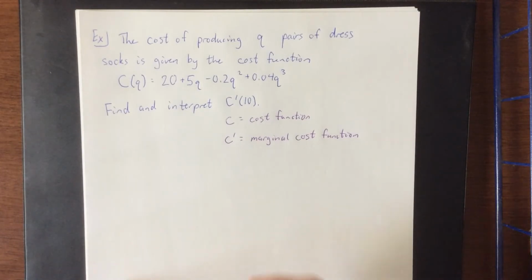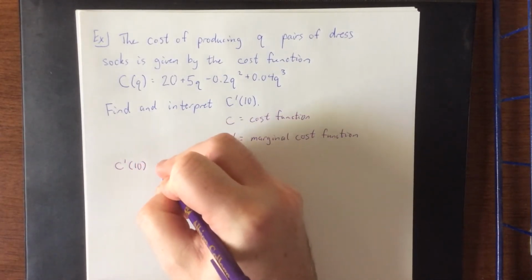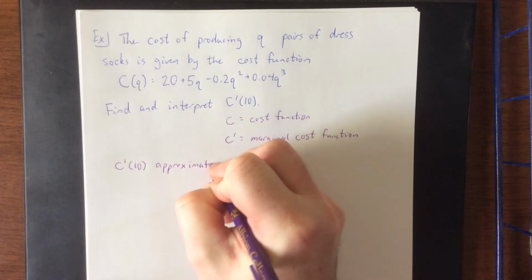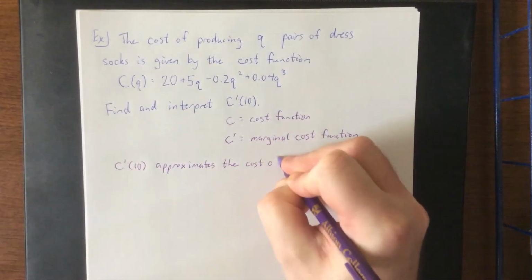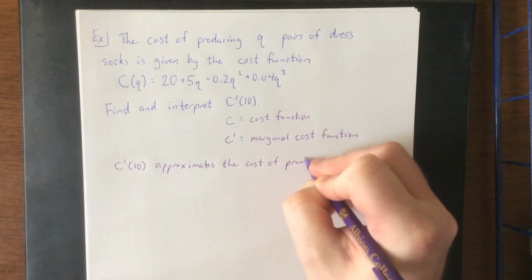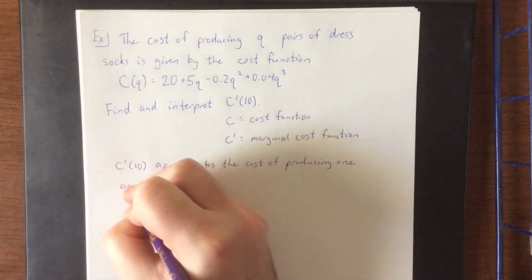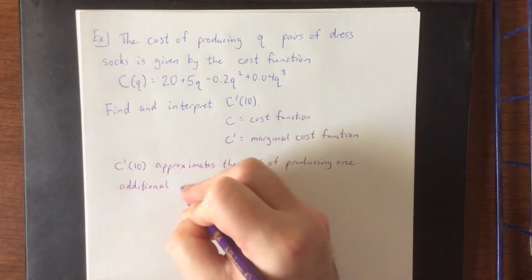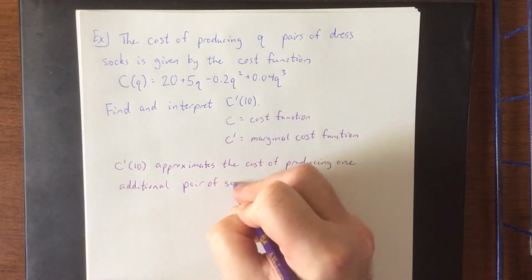So the interpretation of C prime of 10 is that this approximates the cost of producing one additional item. And in this case, that additional item would be one additional pair of socks.